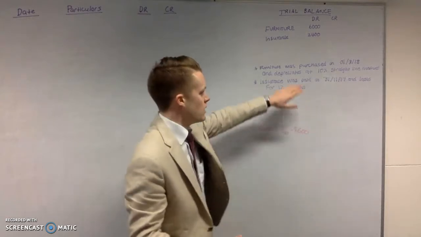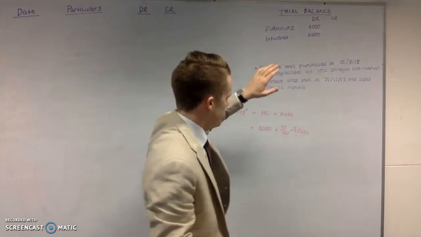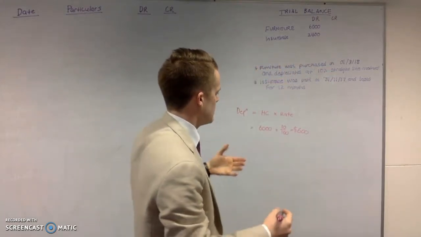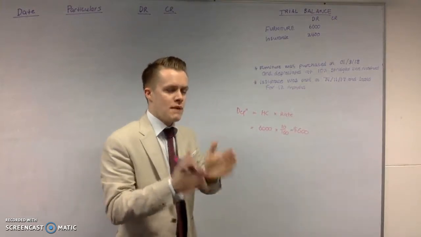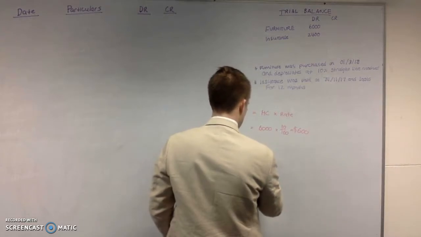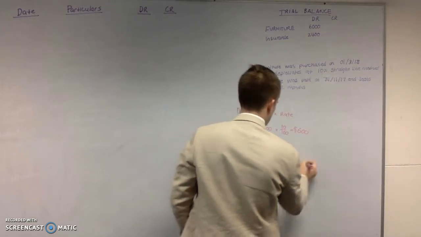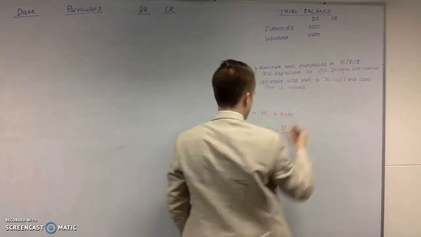But we haven't. We bought it halfway through the year. So now we need to figure out, counting back our months, how many months we have had the asset for. We bought the asset on the 1st of the 3rd.